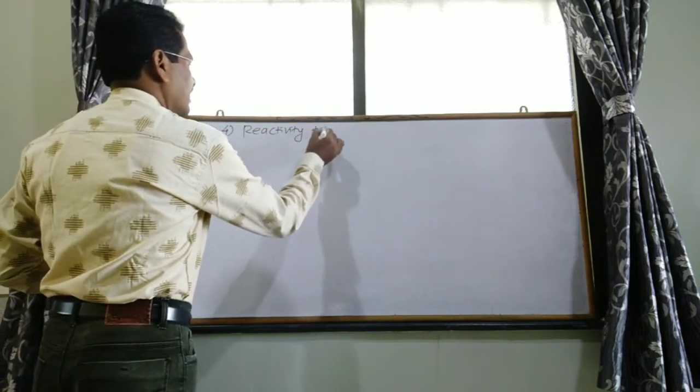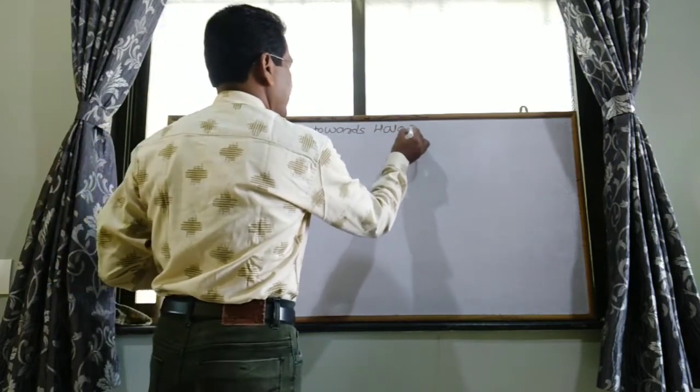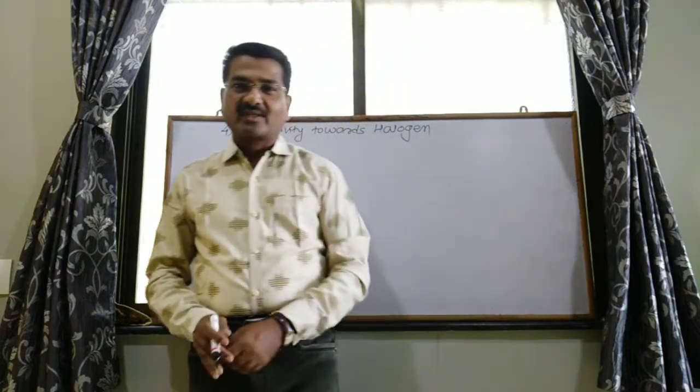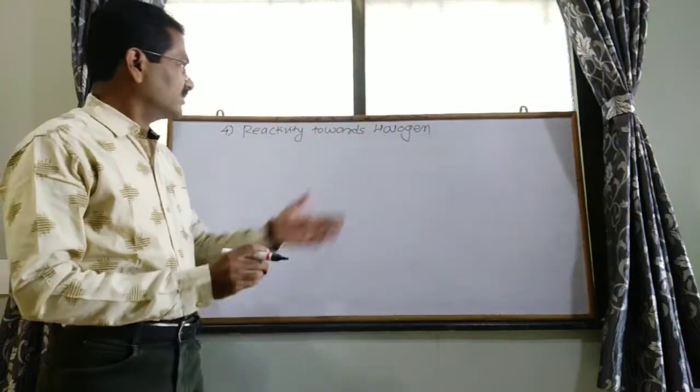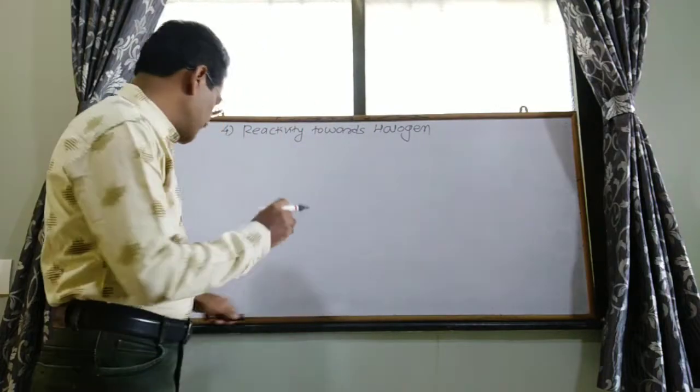towards halogens. What is the reactivity of group 16 elements towards halogens?